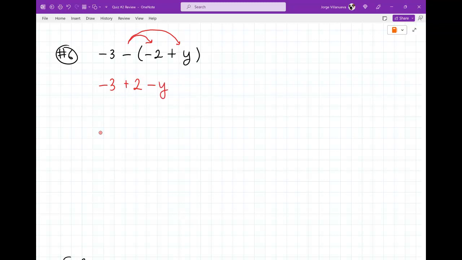And then from there, negative 3 plus 2 is negative 1. So negative 1 minus y is going to be your solution. Again, nothing too terribly difficult, so hopefully it's okay for you guys.